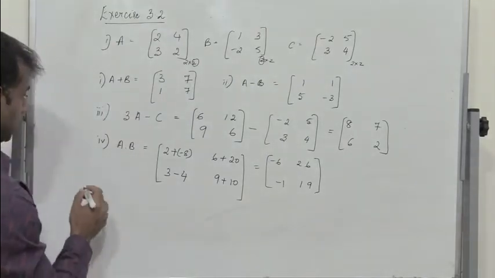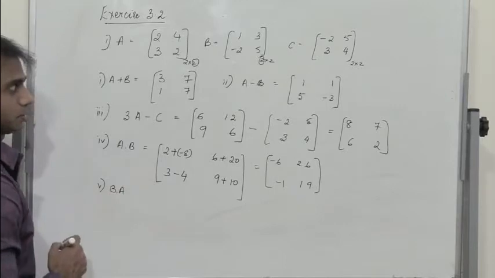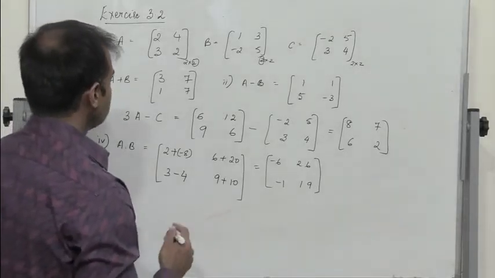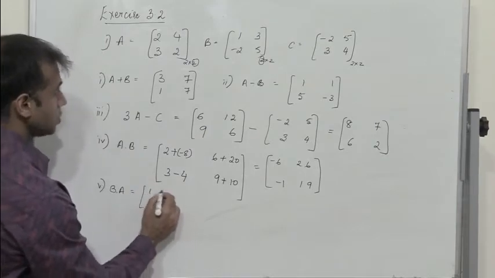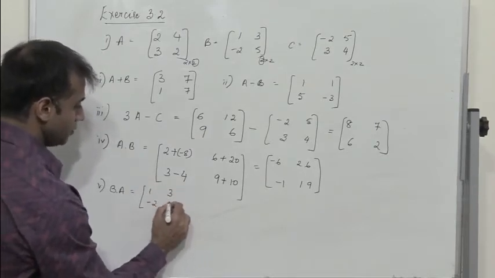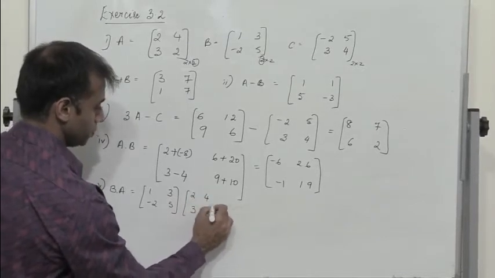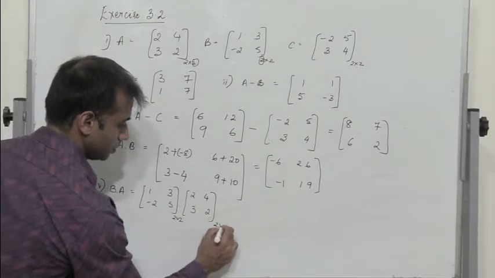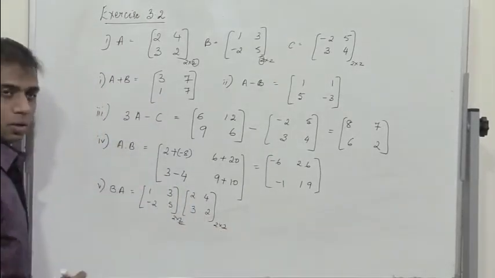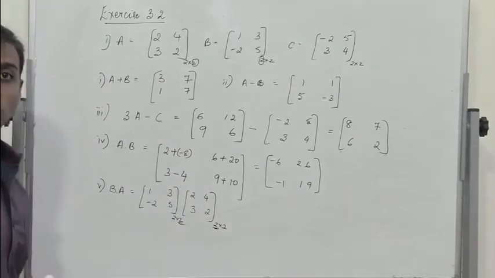Right? So next we need to multiply B into A. So let me write the matrix here. B is 1, 3, minus 2, 5 and A is 2, 4, 3 and 2. Right? So again the dimensions do match. The column of matrix 1 is equal to the row of matrix 2.